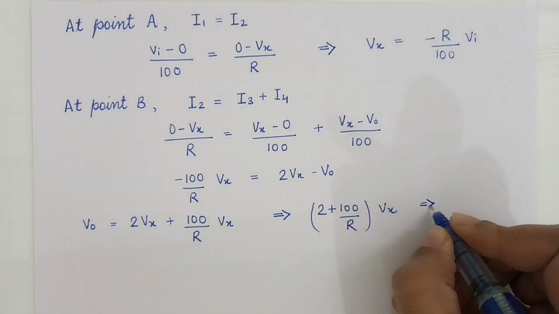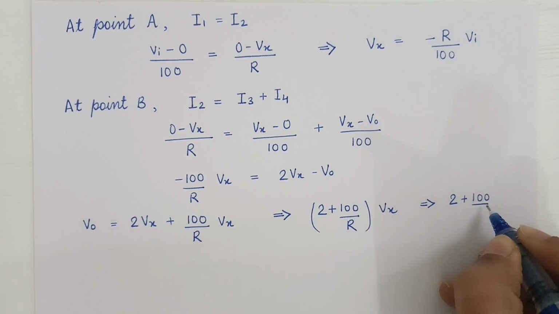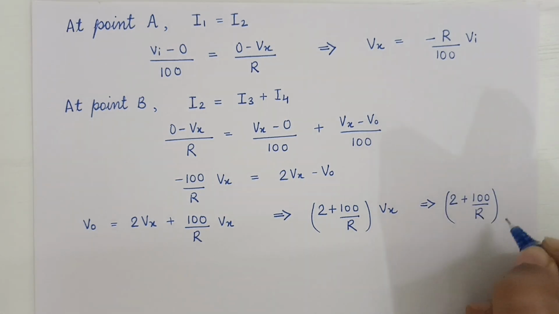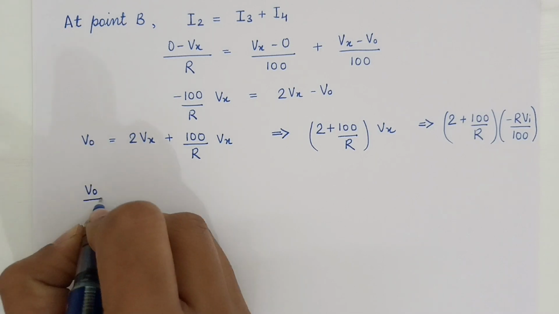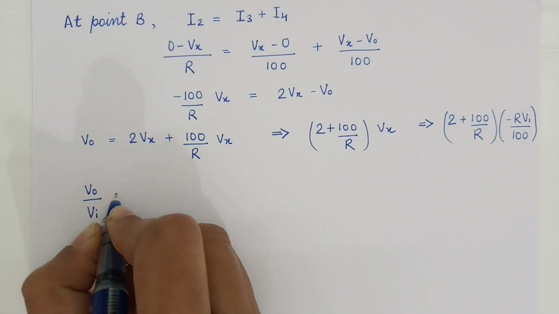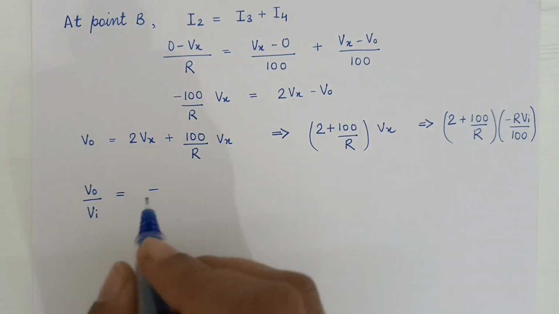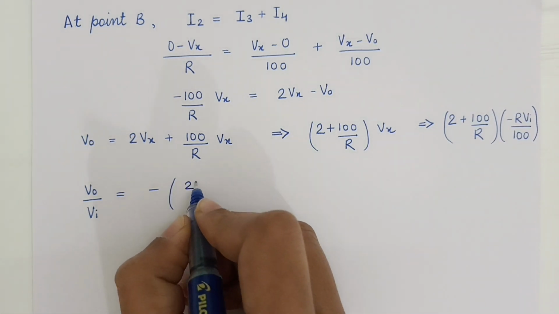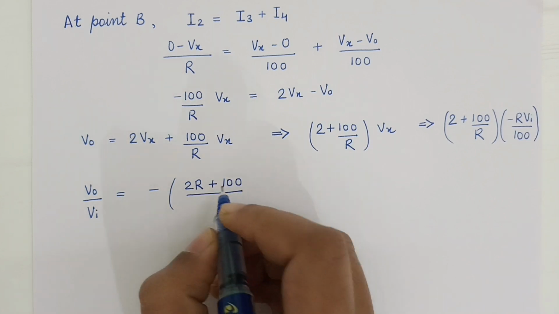So let's use it here. It is 2 plus 100 divided by R minus R Vi upon 100. So we can write it as V naught divided by Vi is equals to minus this minus 2R plus 100 divided by 100.